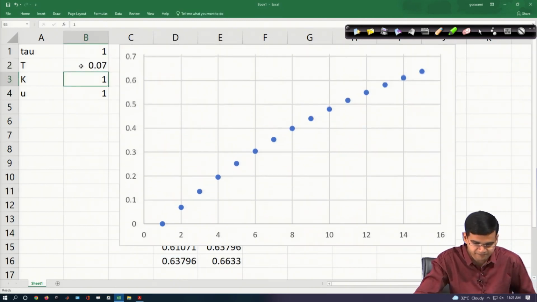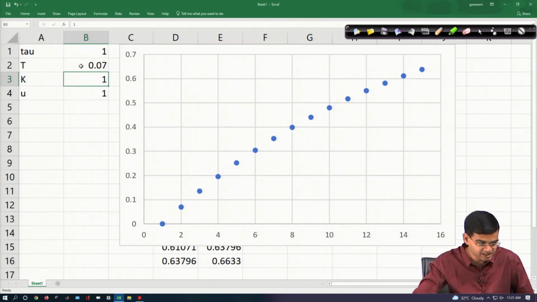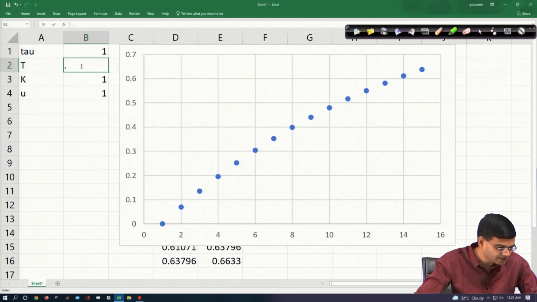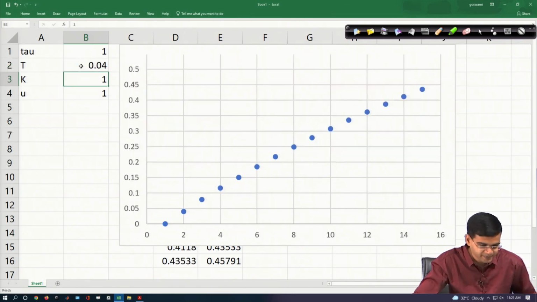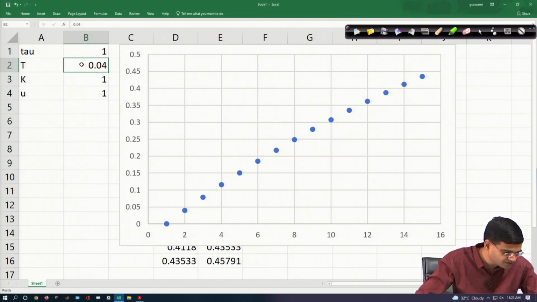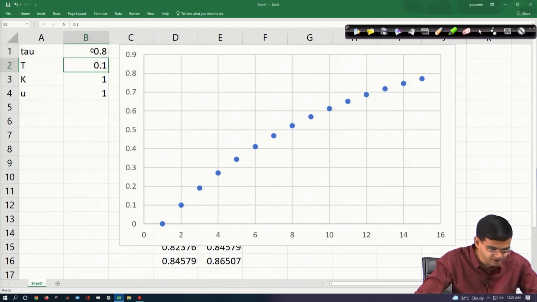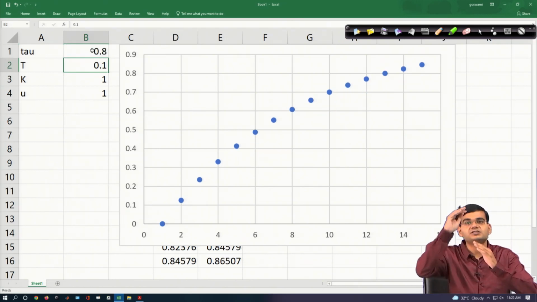And if I do that, you see that the response has shifted up. I can make it even smaller. Sorry, I need to change the time constant. So, I will keep this same, I will reduce the time constant to 0.8. The responses become closer.